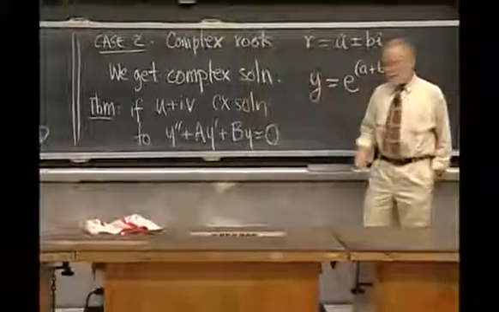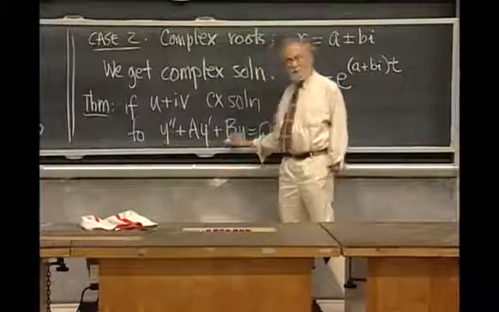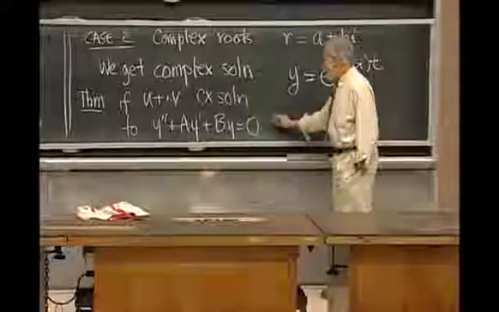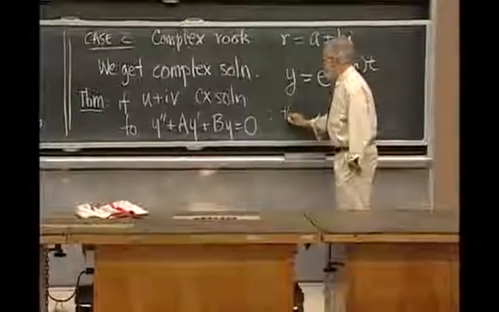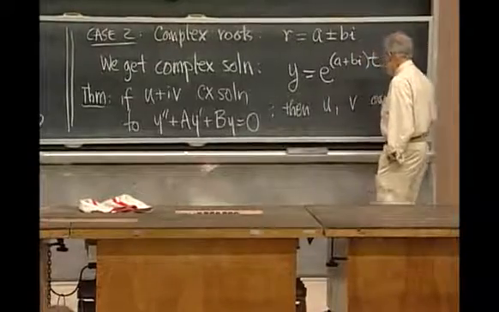Well, it doesn't have to have constant coefficients; it has to be linear. Suppose you've got a complex solution to that equation. These a and b are understood to be real numbers. They're the constants, the damping constant and the spring constant. Then the conclusion is that u and v are real solutions.